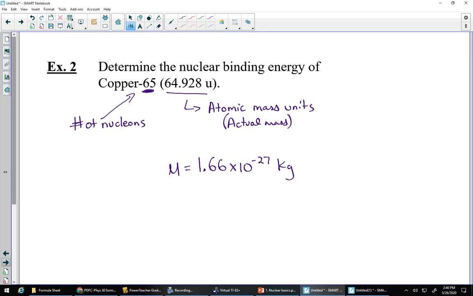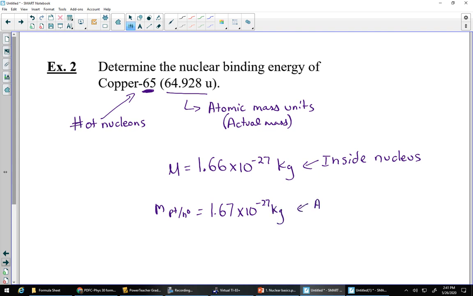So 1 atomic mass unit is a mass unit of something inside of a nucleus. But what's the mass of an individual nucleon, the mass of a proton or a neutron, on its own? Now I'm looking at the right-hand side of our data sheet. It's 1.67 times 10 to the negative 27 kilograms.